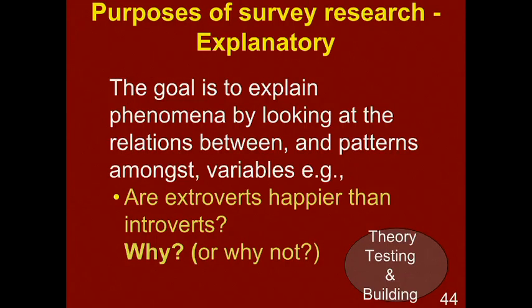Are extroverts happier than introverts? Don't know. There might be some theory that says yes, there might be some theory that says no. How are we going to find out? We'll do a survey, administer an introversion-extroversion measure, and have a happiness measure, and then look at the relationships.